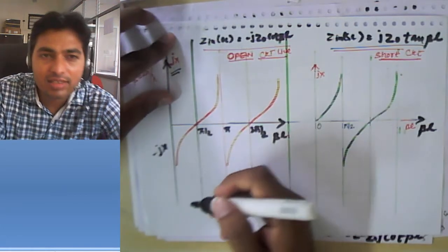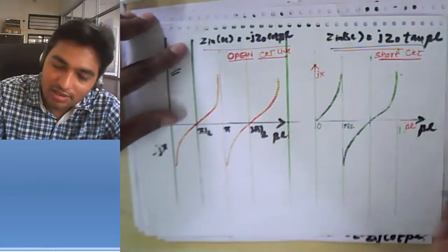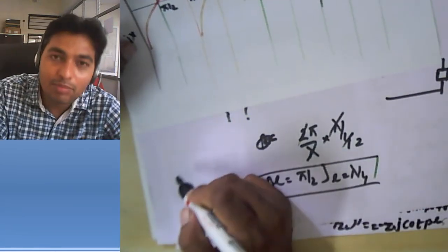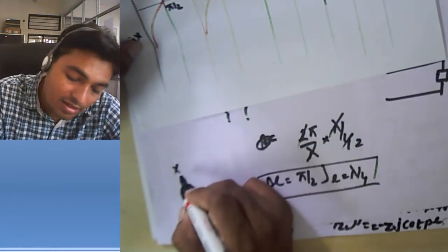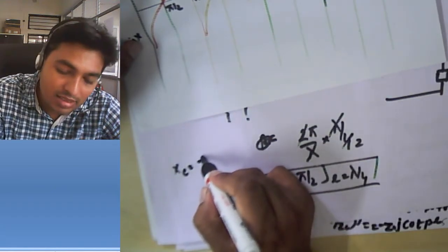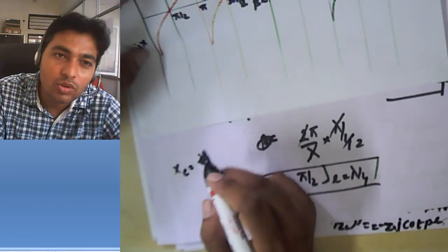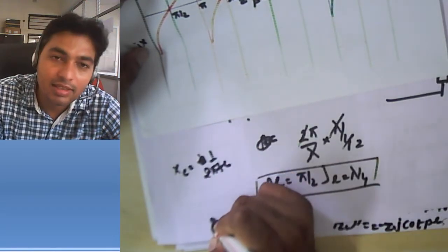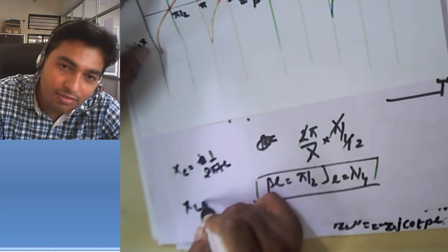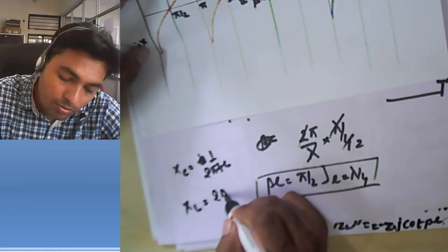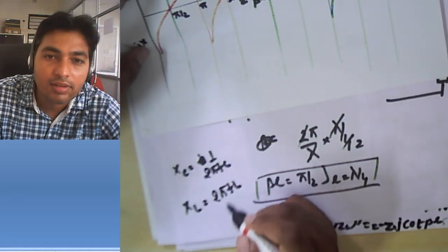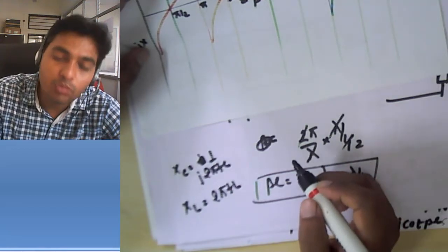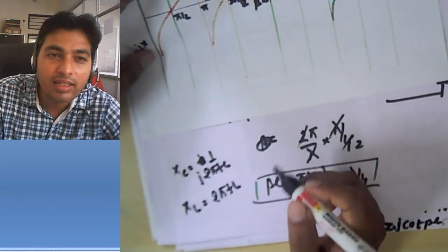Minus jX corresponds to the capacitive impedance XC, which is equal to 1 upon j2 pi FC, while for inductive we have j2 pi FL.